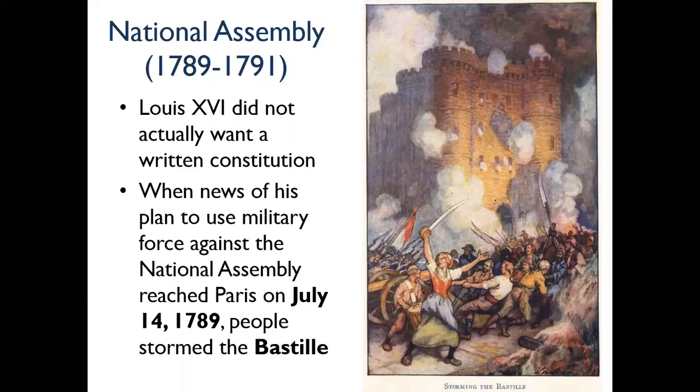When news of his plan to use military force against the National Assembly reached Paris on July 14, 1789, people stormed the Bastille. The picture is also there, and you can see it in your textbook also.